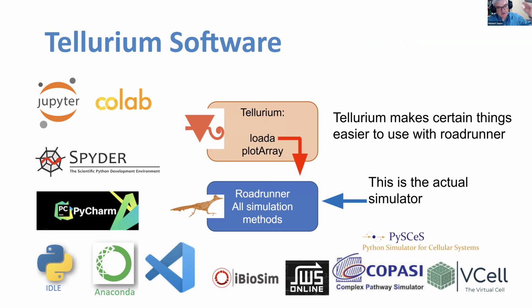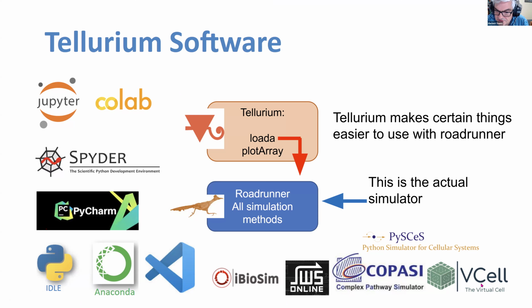So Tellurium is just the top level of something that goes fairly deep down. But on the left, you see all these tools: Jupyter Notebooks, Colab, Spyder, PyCharm, Python IDLE, Anaconda, Visual Studio Code. These are all Python tools that you can use Tellurium with. So you can use any environment you want. Well, today we'll use Colab.